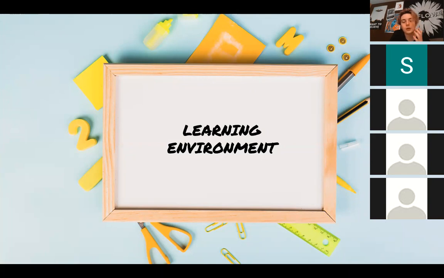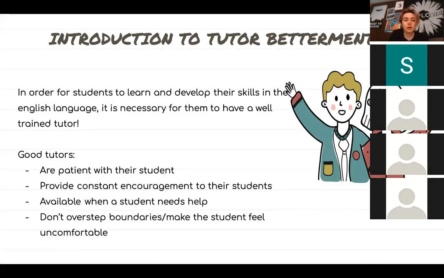Okay, going into the learning environment and general statements about tutoring, tips, curriculum, stuff like that. So, an introduction to tutor betterment. In order for students to learn and develop their skills in the English language, it is necessary for them to have a well-trained tutor.